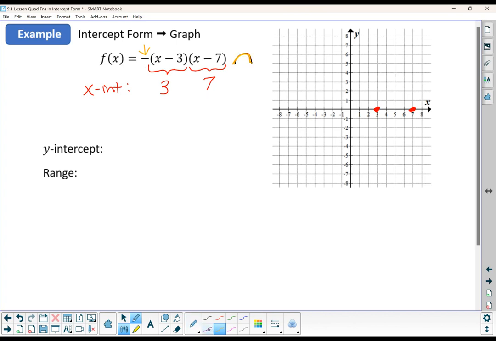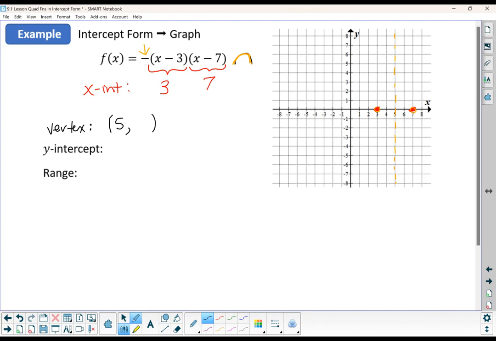And so we need to figure out where the vertex of this is. Well, remember that the vertex is going to be exactly halfway between those two x-intercepts. So if I have an x-intercept at 3 and an x-intercept at 7, my axis of symmetry is going to be exactly halfway in between there. So our vertex is going to be at the x value 5.